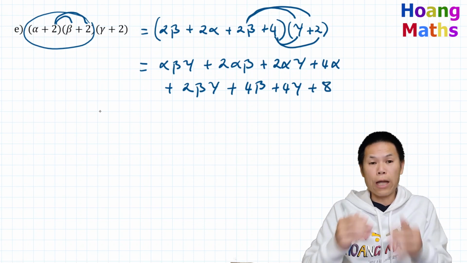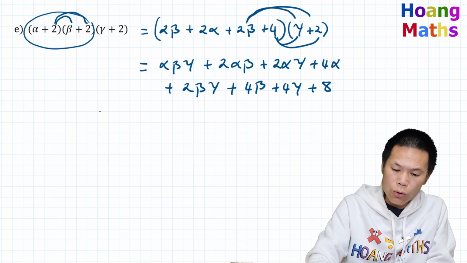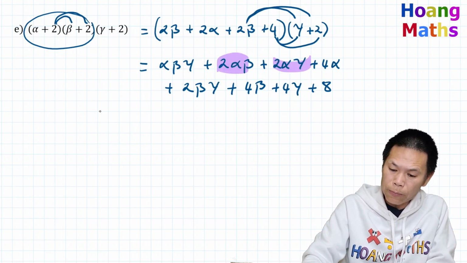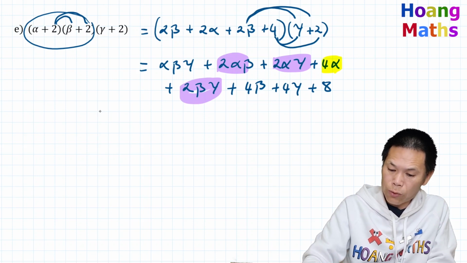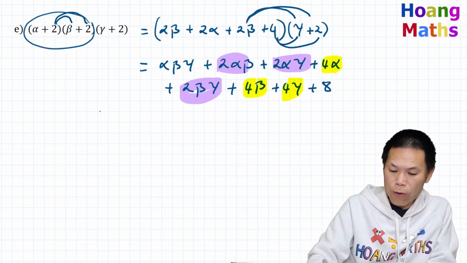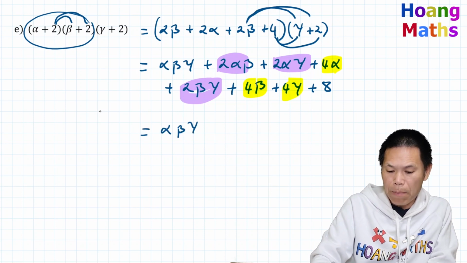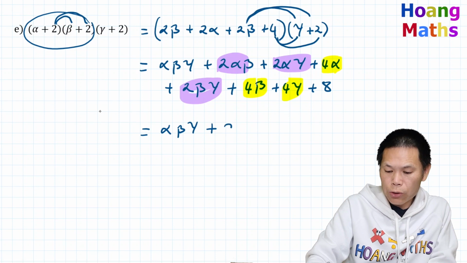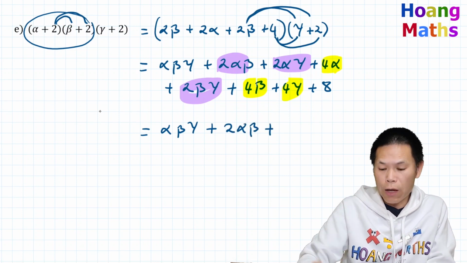There you go. So now what I do, I just rewrite this in a different order. So I just put this group together. Okay. And then we write this group together. So let me just rewrite this. So that is equal to alpha beta gamma. And then we add 2 lots of alpha beta. We add 2 lots of alpha gamma.